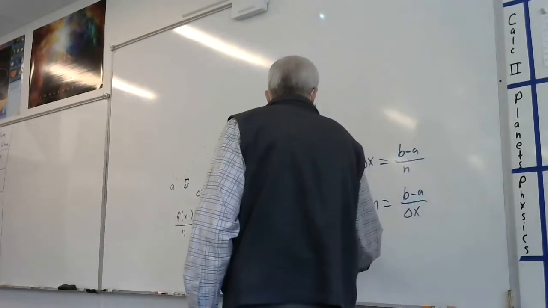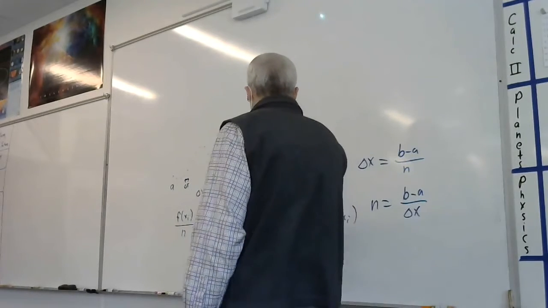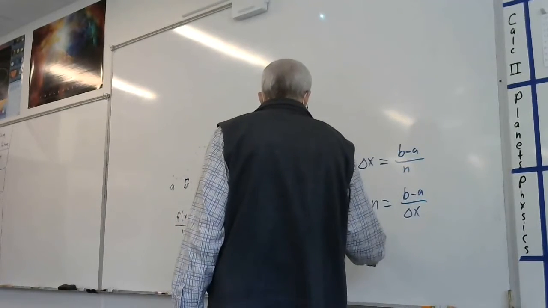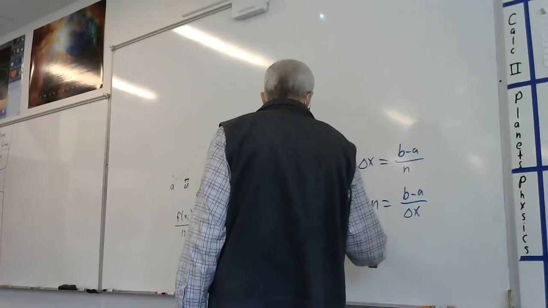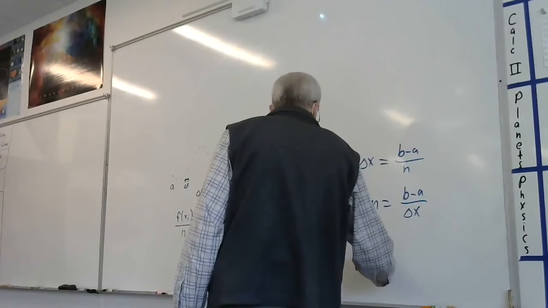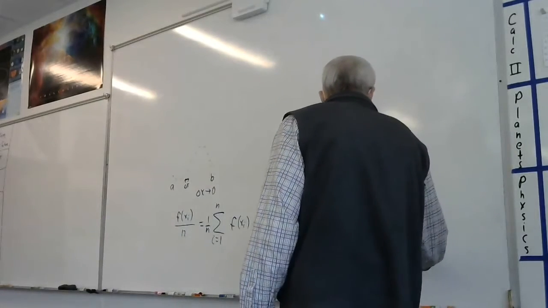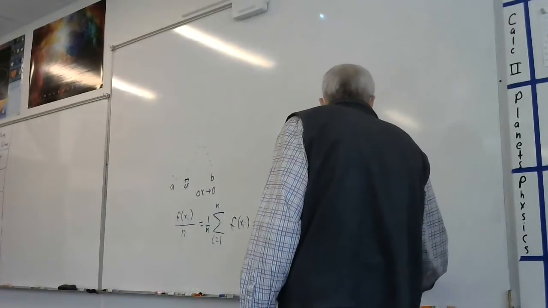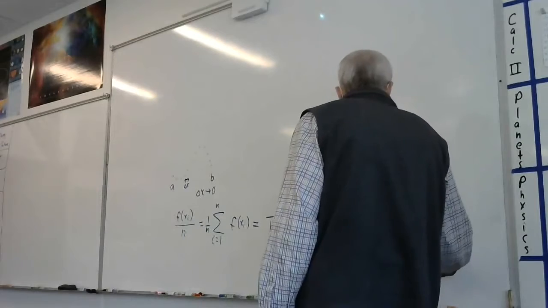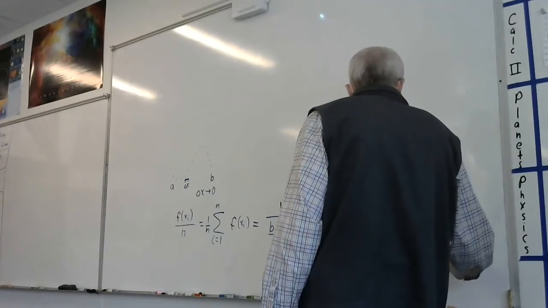Put the delta x in the top. So 1 over b minus a, times the sum from i equals 1 to n of f of x sub i times delta x.